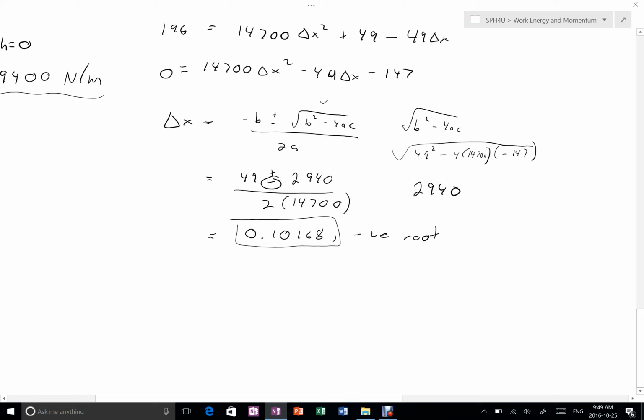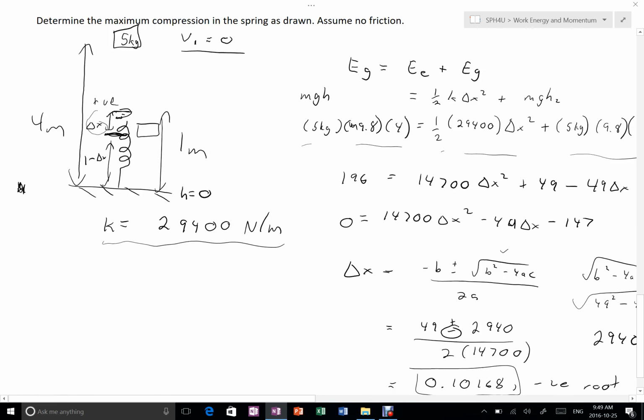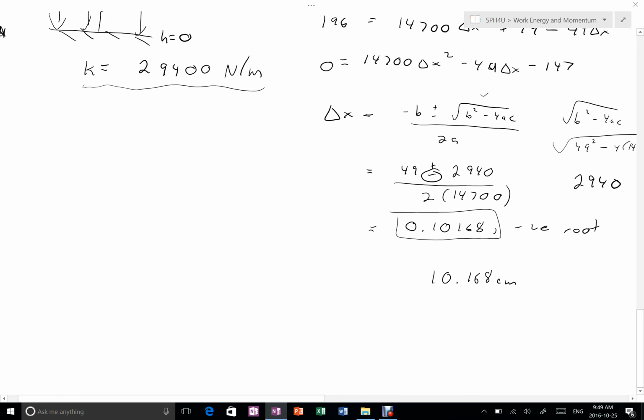That kind of looks small, but remember that's 10.168 centimeters, so it's significant. And that tells you how much a mass dropped on a spring gets compressed by. So there's a couple elastic potential energy questions for you to look at.